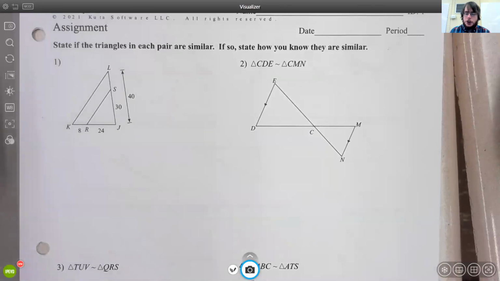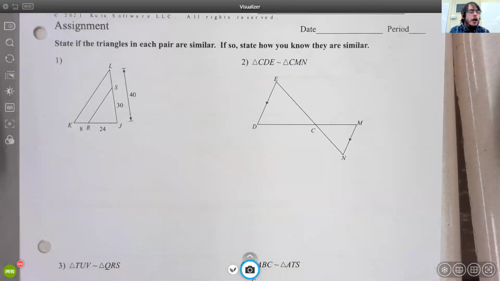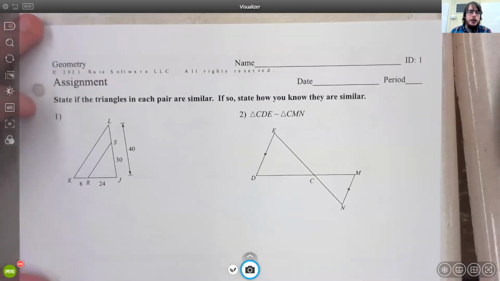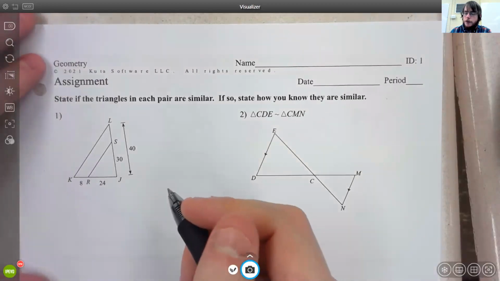So on these first 10 questions, this first sheet here, we want to determine if the triangles in each pair are similar, and if so, we're going to state how we know they're similar. If you remember from when we talked about triangle postulates the other day, we know that there are three postulates we may be able to use for similarity.